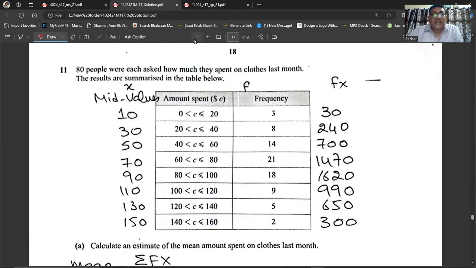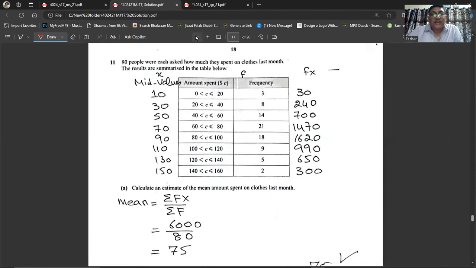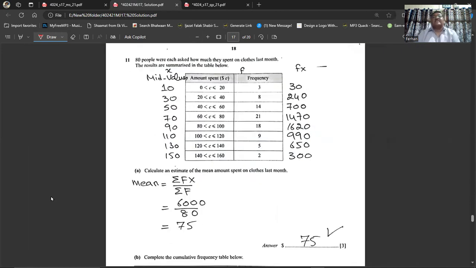The formula for the mean is summation fx divided by summation f. You add up this fx. So 30 plus 240 plus 700 plus 1470 plus 1620 plus 990 plus 650 plus 300. That is 6000. Divided by the summation f.